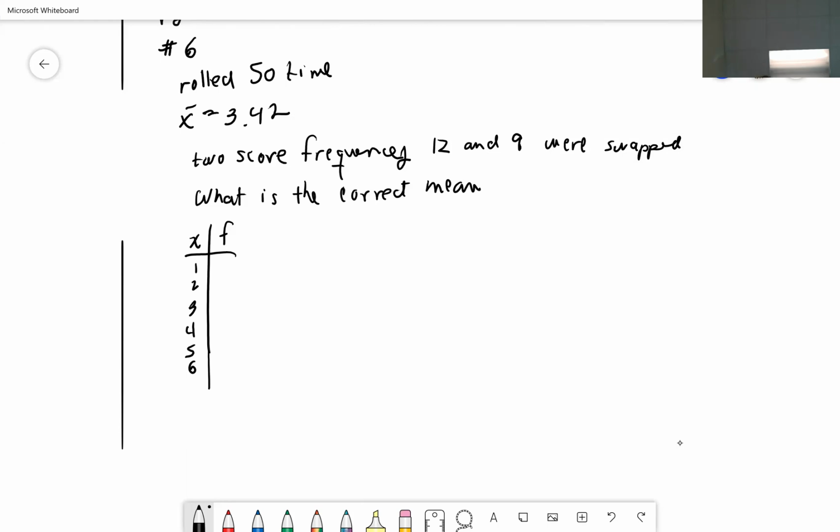And they basically would have these numbers here: frequency 1, frequency 2, frequency 3, frequency 4, frequency 5, frequency 6. Now, X bar would have been equal to the sum of X times F divided by the sum of F. We know the sum of F is equal to 50.